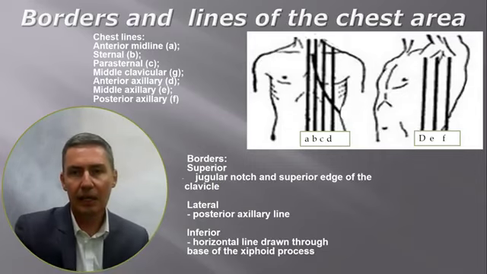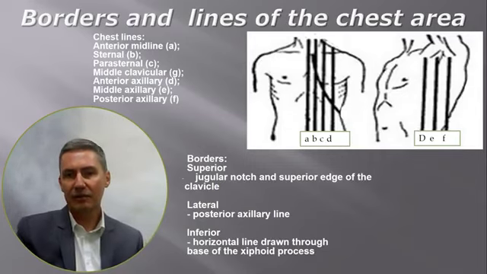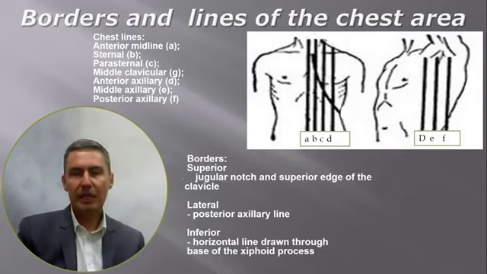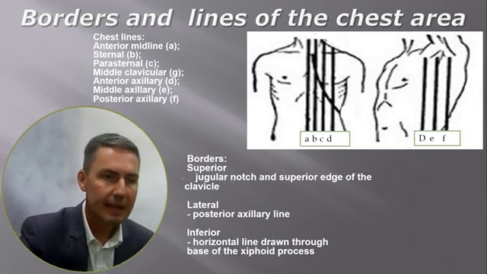Also, on the posterior side of the chest, we can talk about the scapular line, which passes vertically down through the inferior angle of the scapula. I mentioned above the posterior midline; the vertebral and paravertebral lines are present as well.